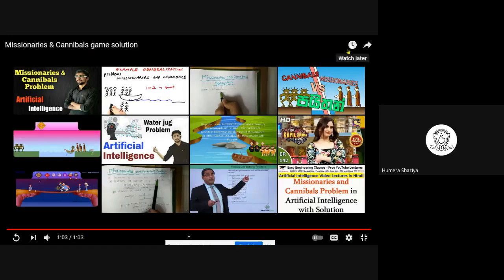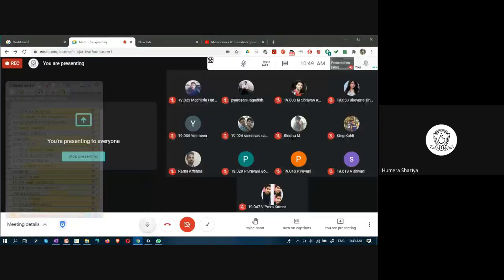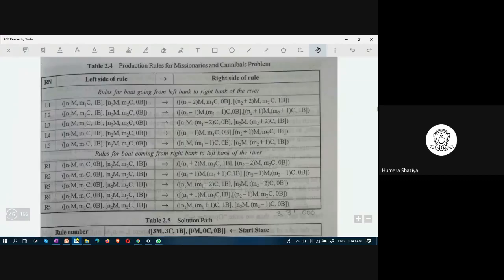All right. In L4 you are transferring one missionary to the right side, and in rule number 5 you are shifting one cannibal.